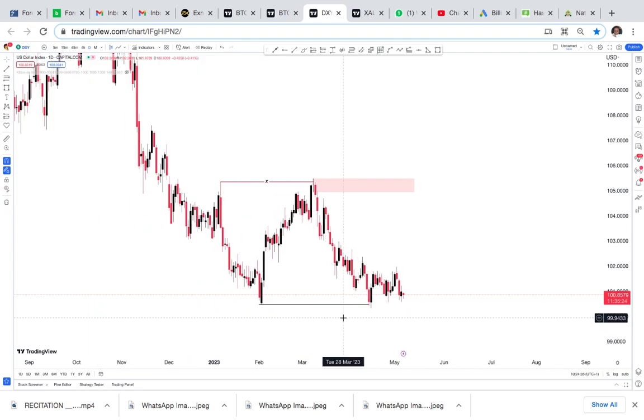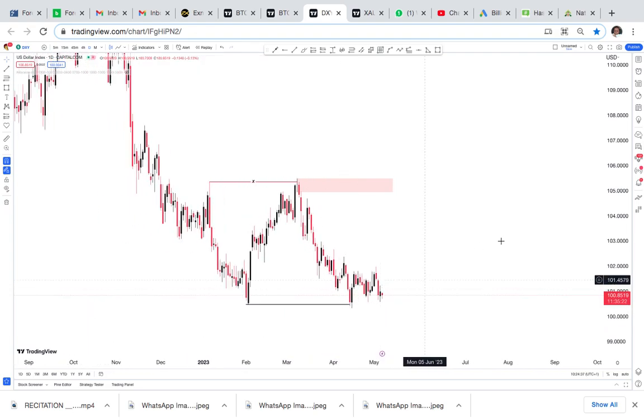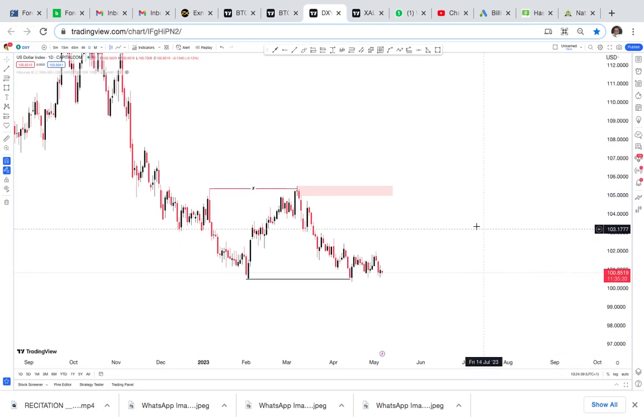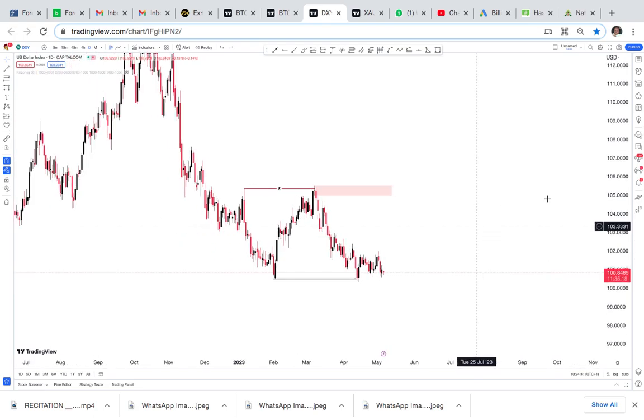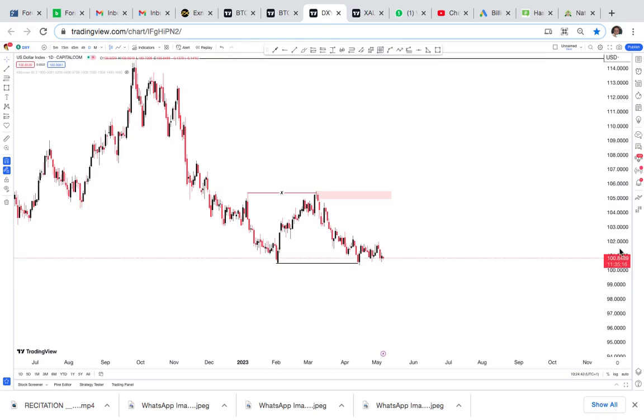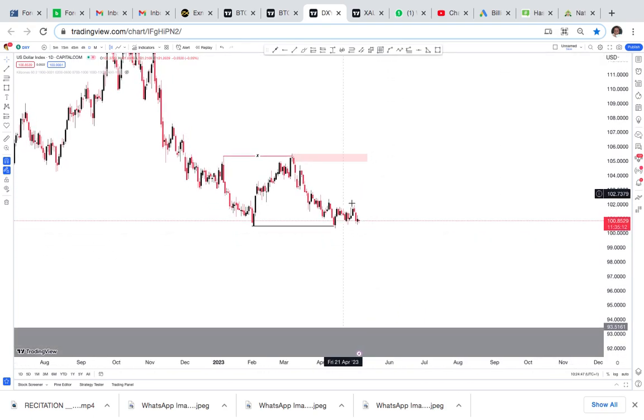Okay. So I'm still expecting price to break below very well before coming back here, hopefully.